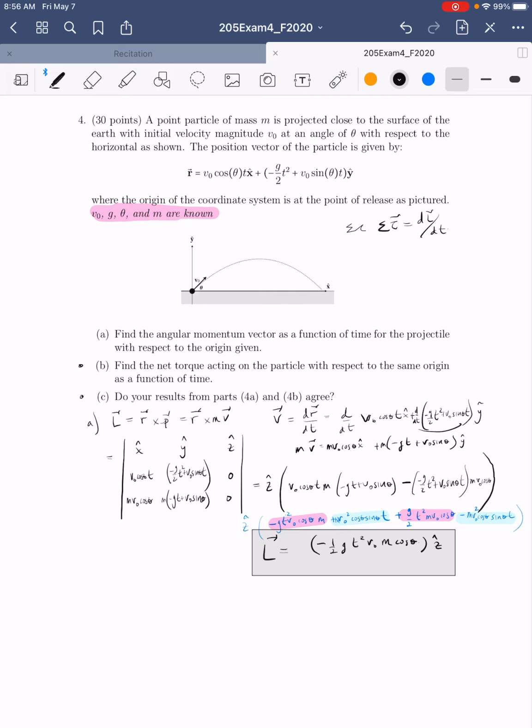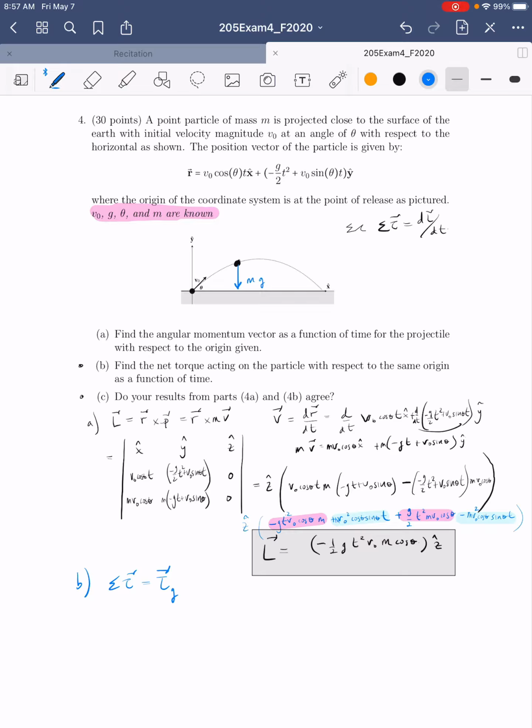This is actually easy, because if I choose an arbitrary point here for my particle, there's only one force acting on the particle at all time. It's gravity. So if I'm thinking about the net torque acting on my system for part B, the net torque will just be given by the torque due to gravity.